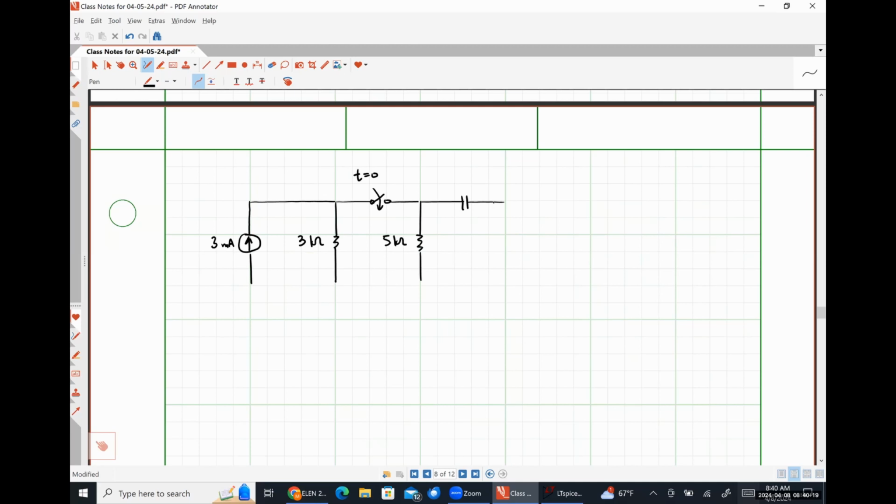Doesn't particularly matter what it is. 10 microfarads. All right. And then over here, we're going to have an inductor, and we're going to sort out what value inductor we need in order to make sure that this isn't overdamped, just so that you have an example of something different.